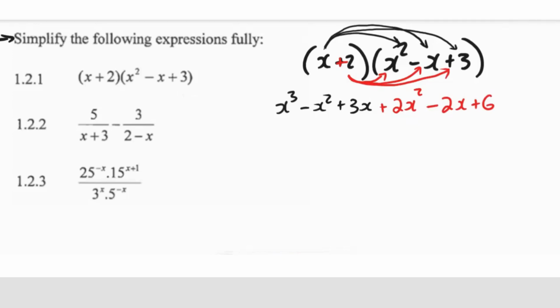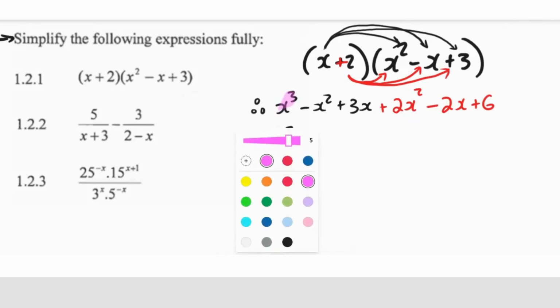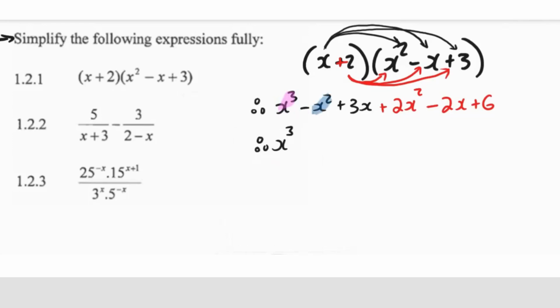And then from here, we then look for common factors. We say, therefore, x cubed, it does not have any like term. So it's going to be x cubed. And then in this case, let me use blue instead. We have x squared there, negative x squared.